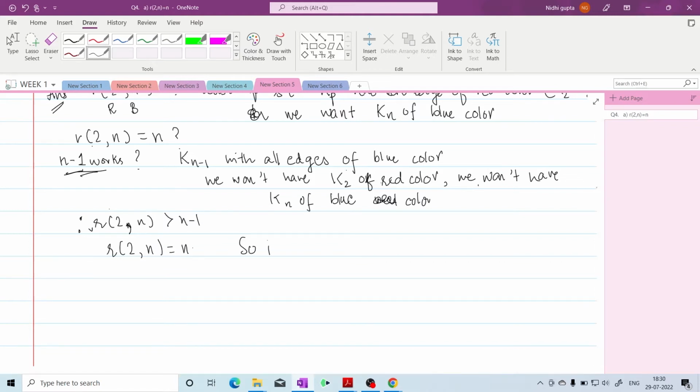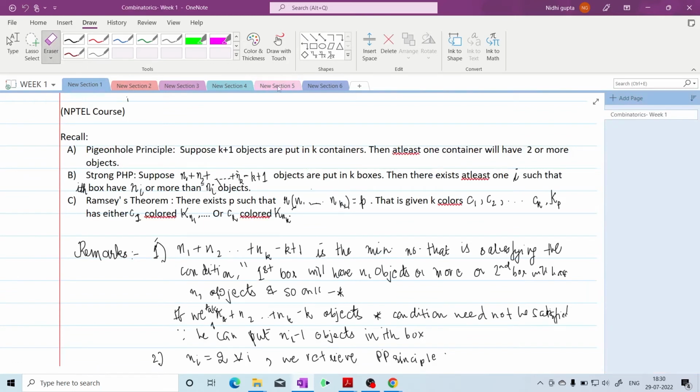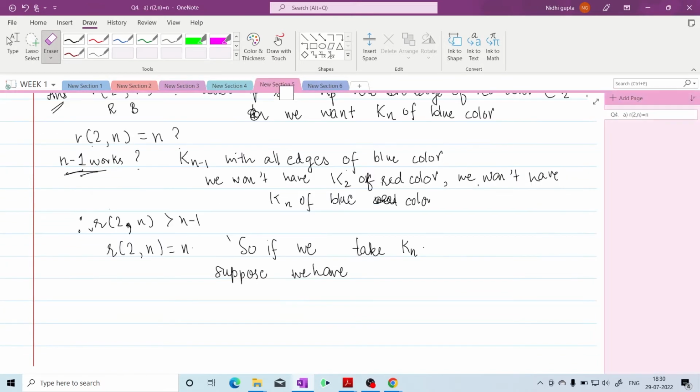Now we see why R(2,n) is equal to n. If we take Kn, we have to show we have either Kn of blue color or K2 of red color.